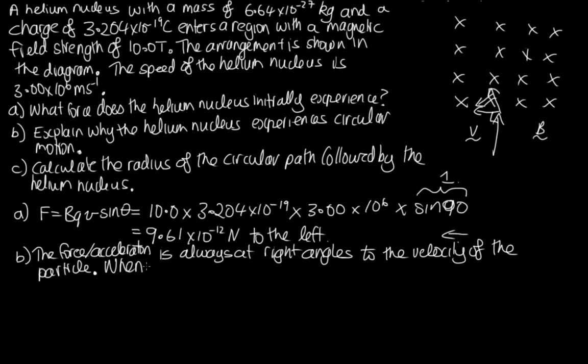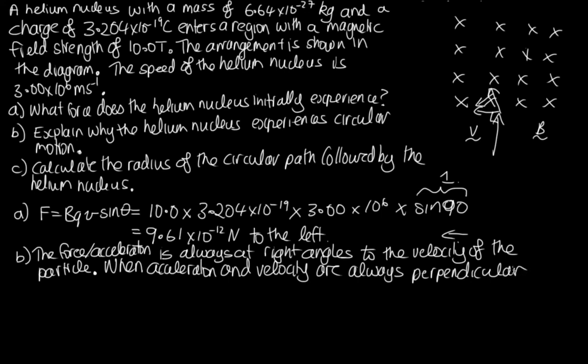When acceleration and velocity are always perpendicular, and constant, which they do remain constant in this case, a particle undergoes circular motion.